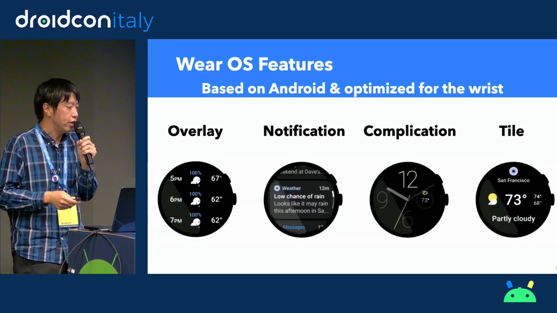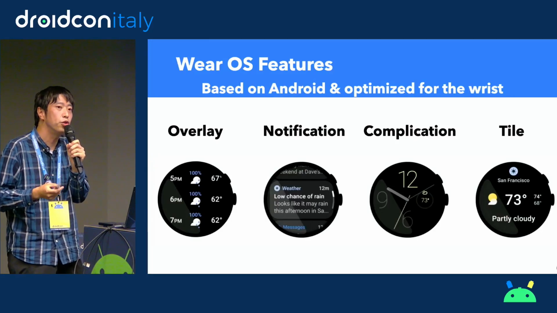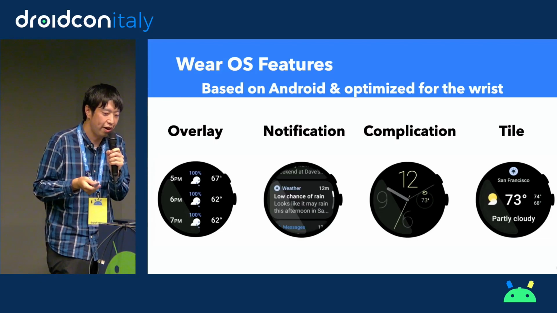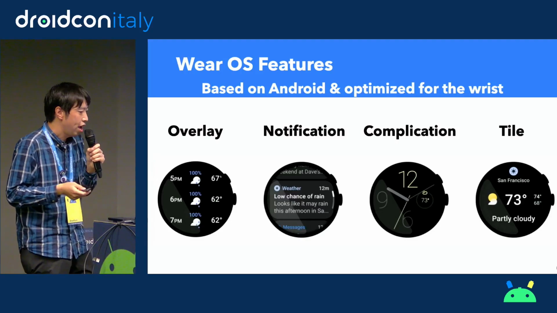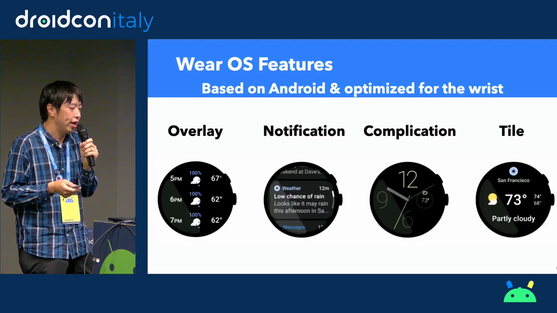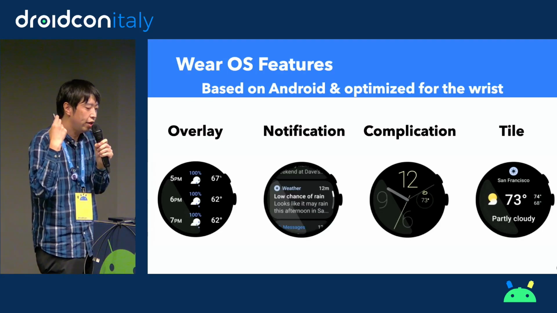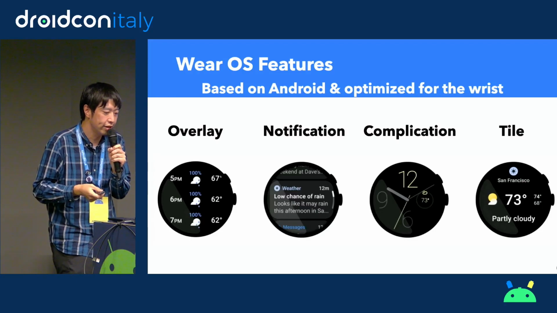Wear OS is based on Android. It's very similar to regular Android for mobile, but there are some differences. Here are some Wear OS features. First feature is overlay. It's just like apps on mobile. We can use apps on our list like mobile devices.